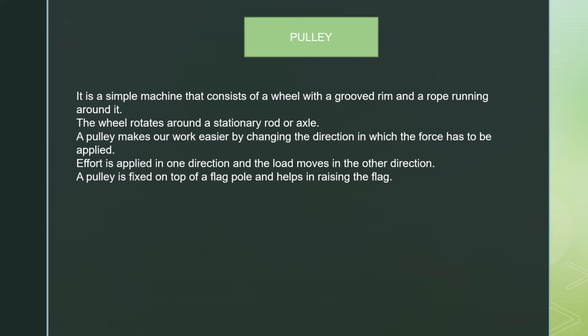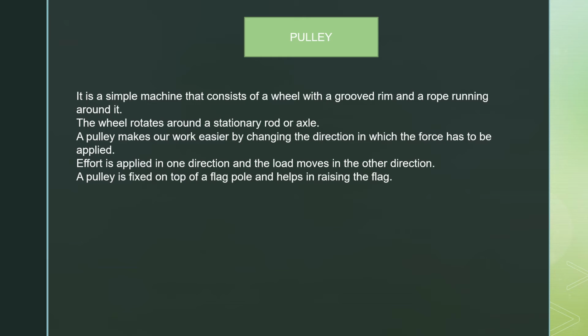A pulley makes our work easier by changing the direction in which the force has to be applied. Effort is applied in one direction and the load moves in the other direction. A pulley is fixed on top of a flagpole and helps in raising the flag.